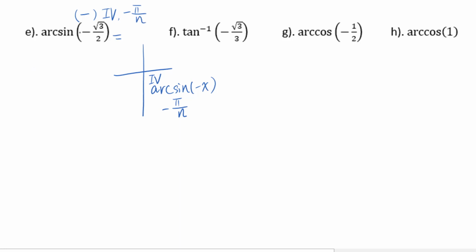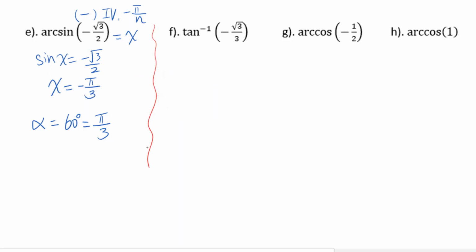So we set up arc sine of -√3/2 equals x. Then sine x equals -√3/2. Reference angle equals 60 degrees because sine 60 equals √3/2, which equals pi/3. Therefore, your x equals -pi/3.